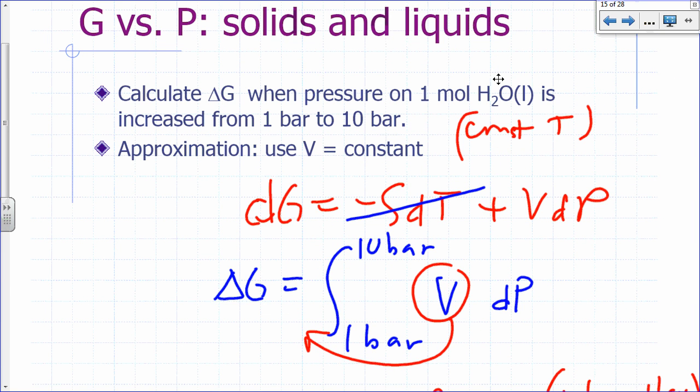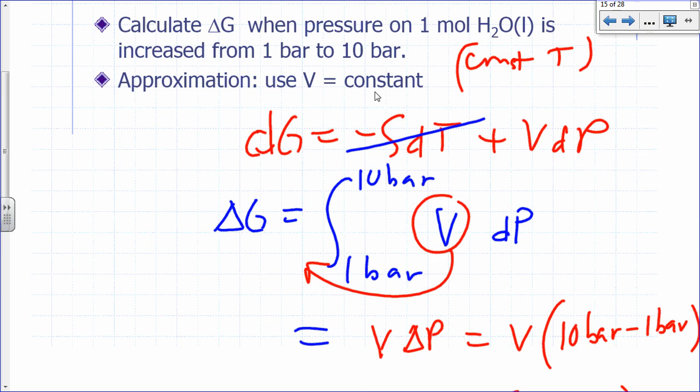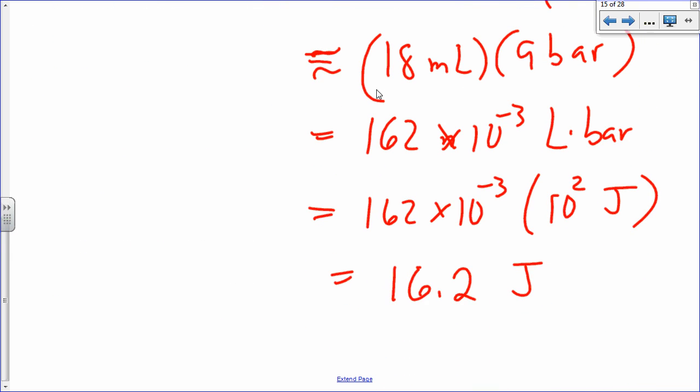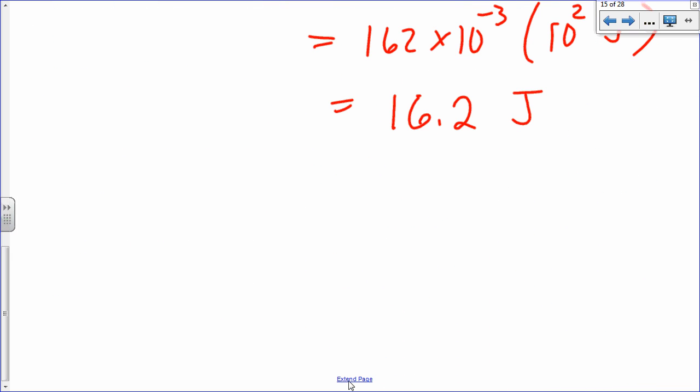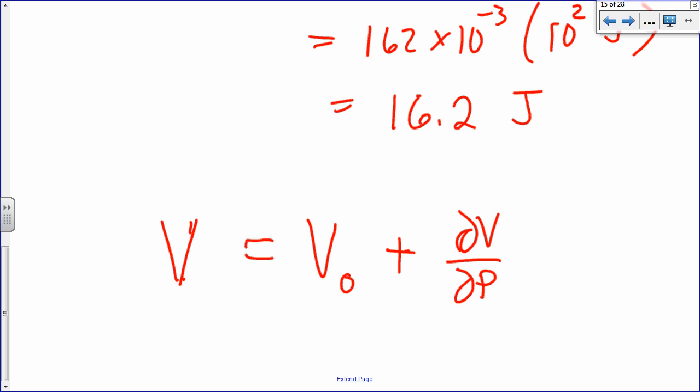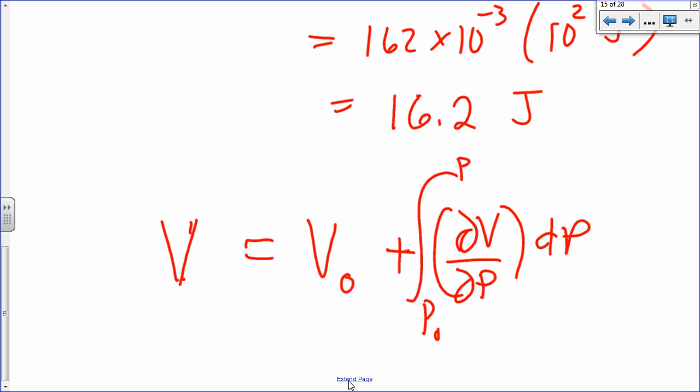So that's how you get delta G when you change the pressure of a solid or a liquid, if the volume doesn't change much. Now, if you want to do more precise calculations, what would you have to do? You would actually need to know how the volume depends on pressure, right? So the volume would be the volume, let's say, at 1 bar plus the integral of the partial of V with respect to pressure times dP, from P naught to whatever pressure you're interested in.